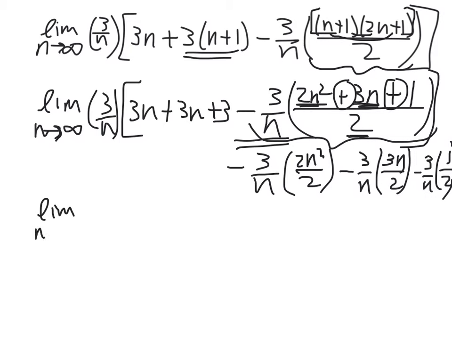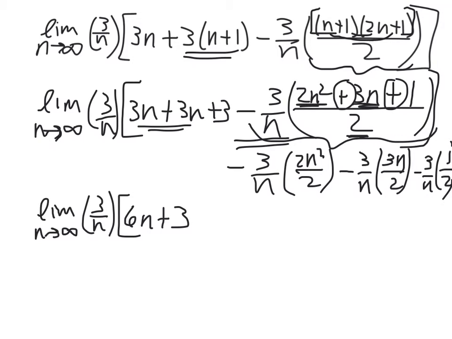And we'll go ahead and rewrite our limit then, combining our first part here, 3n plus 3n, and then plus 3, and now these last three terms dealing with that negative 3 over n multiplied. Let's see, that's a square there.